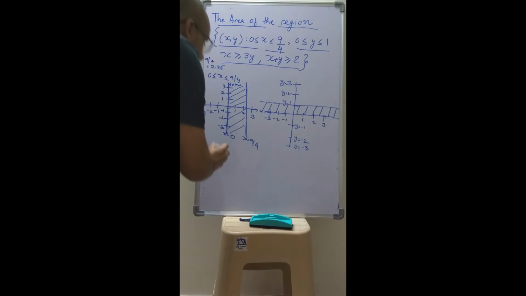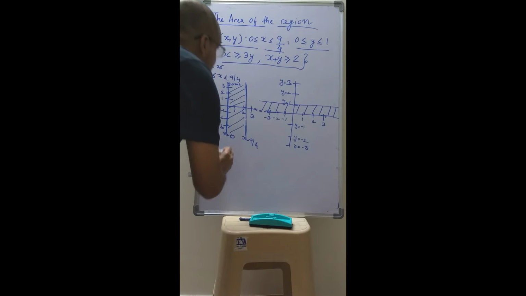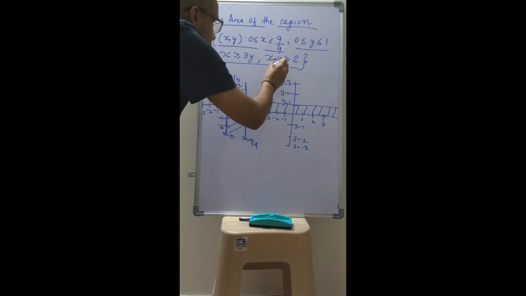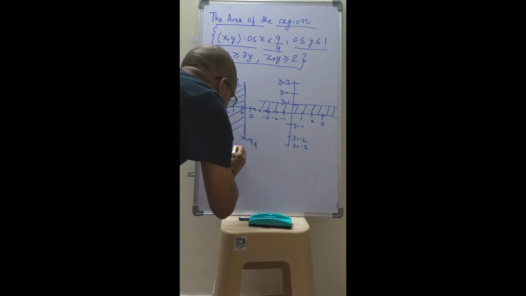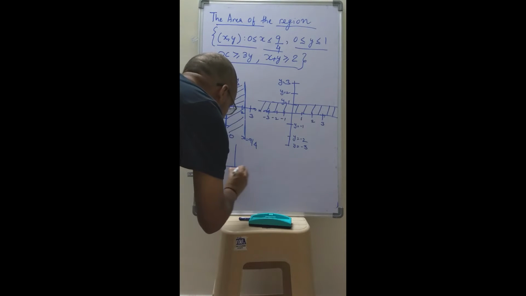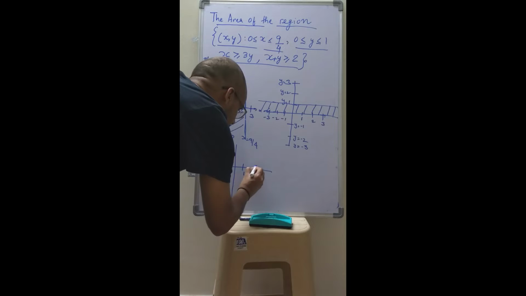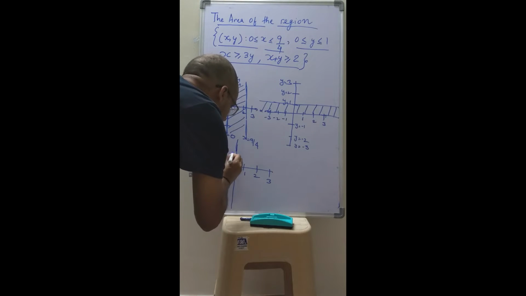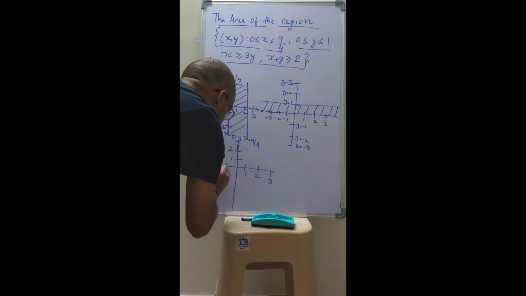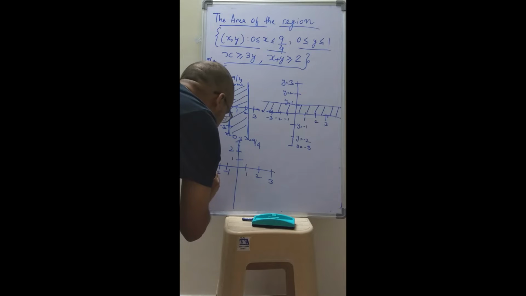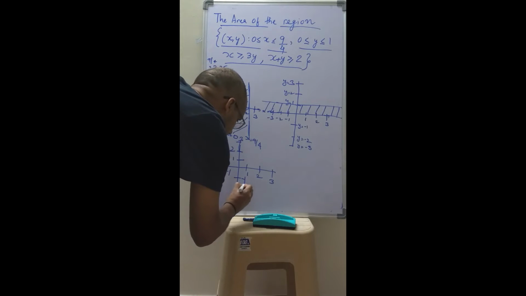Now your third one is x ≥ 3y, right? 1, 2, 3, this is your y axis, this is your x axis, minus values, this is your y axis, minus values.